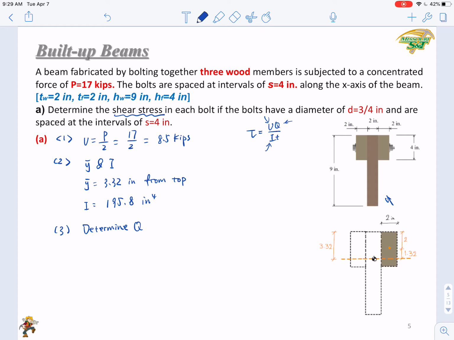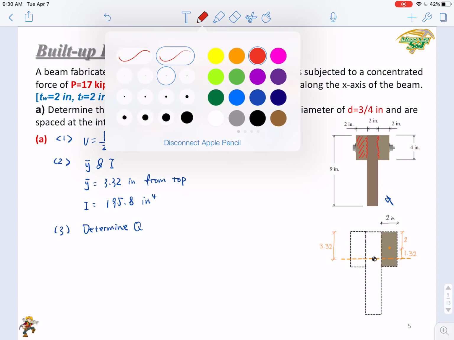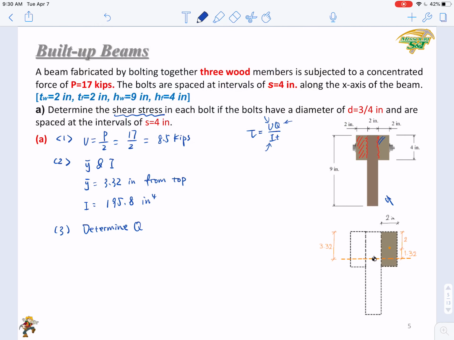And we have those dimensions. So actually, what we're calculating is the shear at these interfaces. So if you want to calculate the shear on this interface, normally we just need to cut this area or this area. Right? It doesn't matter. You will get the same results.